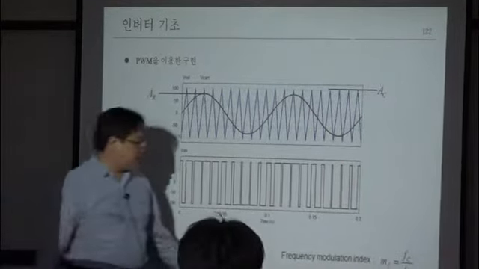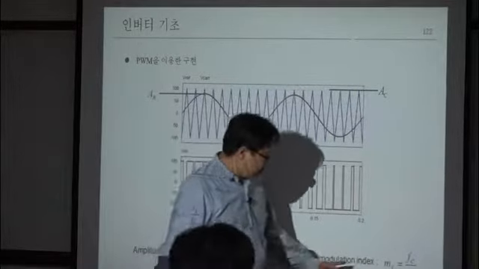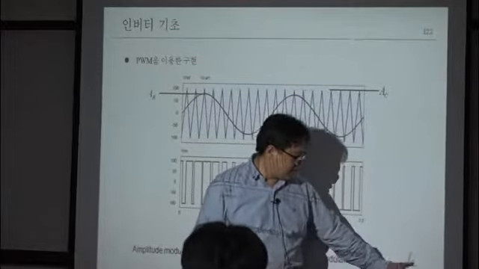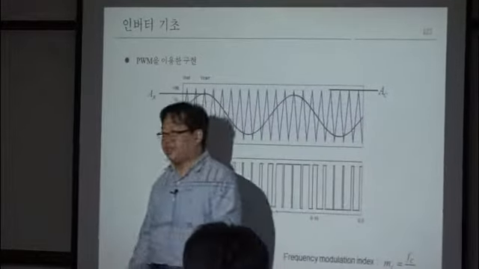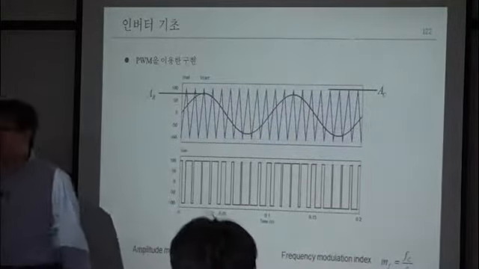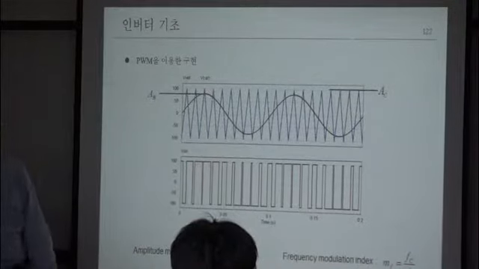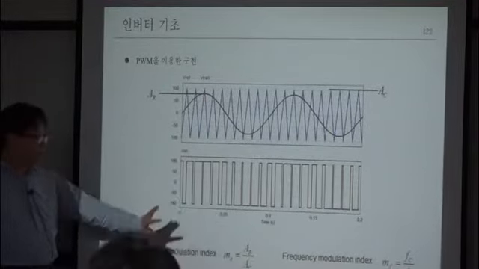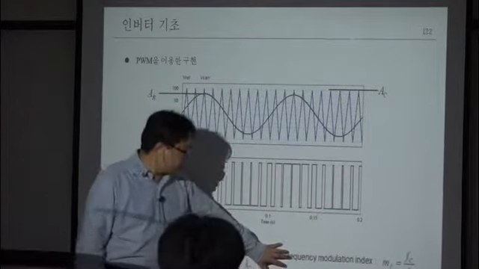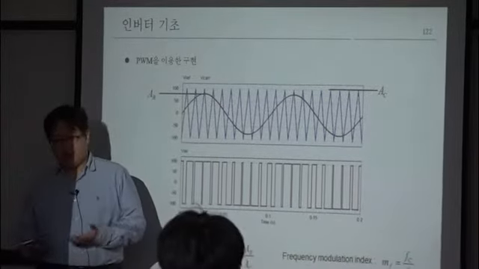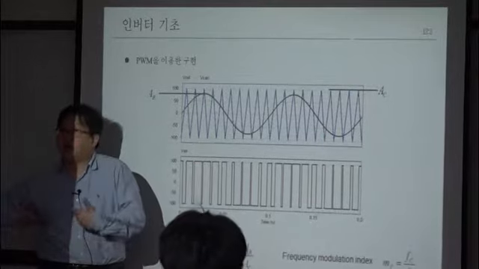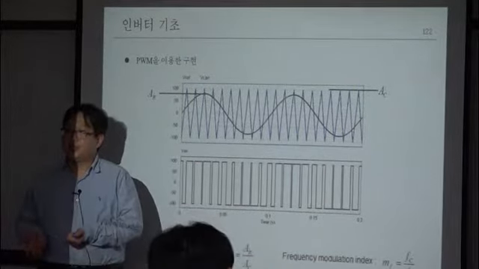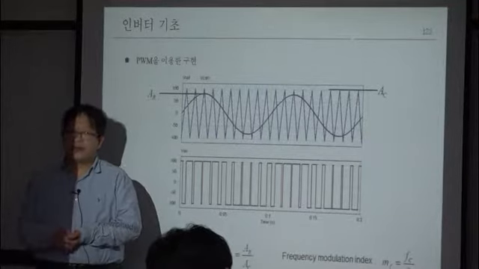Then the frequency modulation index, MF, is defined as FC over FR. FC is the frequency of your carrier. FR is the frequency of your reference. This is also important when you want to drive a very high-speed motor, for example, a very high-speed compressor or even an electric vehicle.